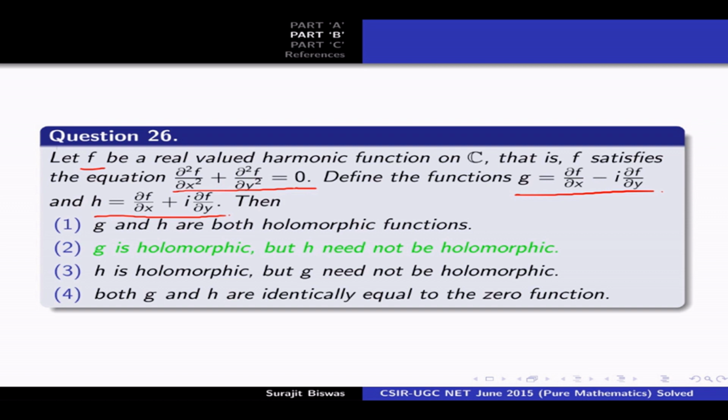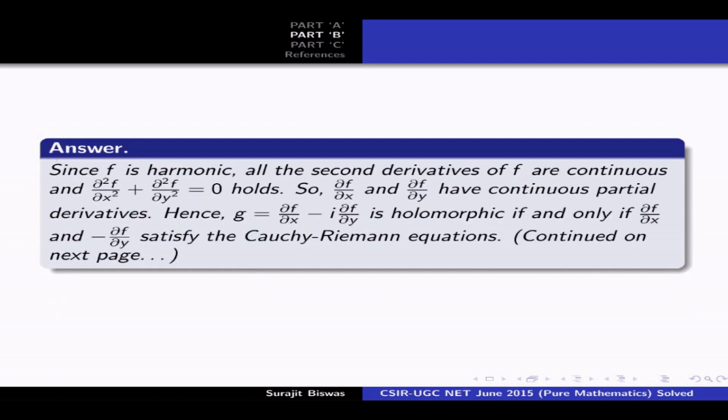Since f is harmonic, all the second derivatives of f are continuous, and this relation also holds. So ∂f/∂x and ∂f/∂y have continuous partial derivatives. This assumption is needed to apply this if and only if statement.